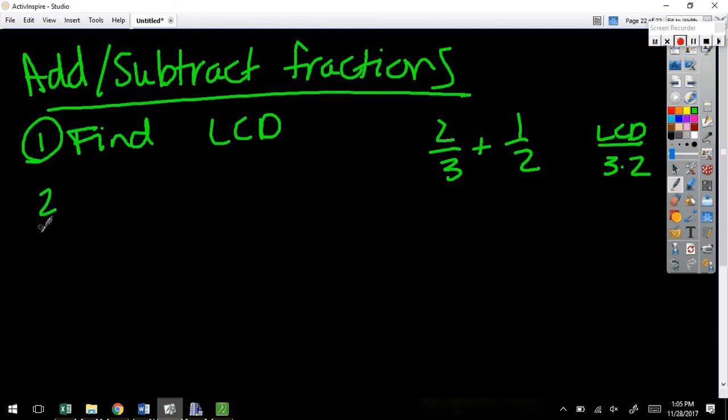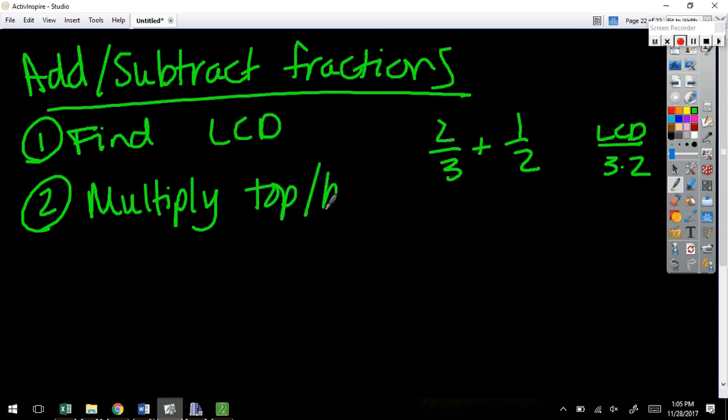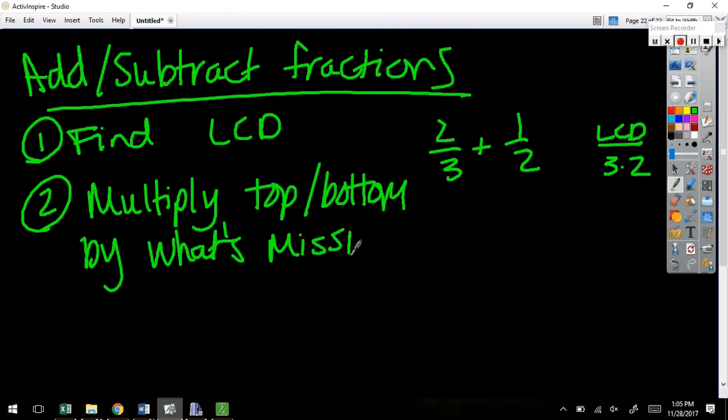All right, and so then what we do is we multiply the top and bottom by what it's missing when you look at the LCD. I want you to look at it as if it's broken down into prime factorization. This has a 3.